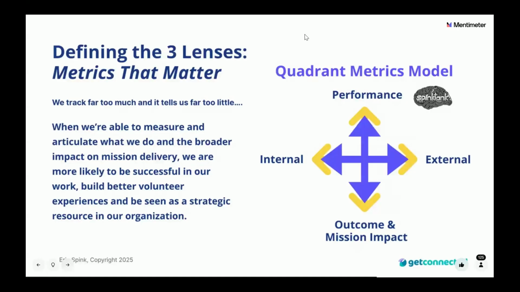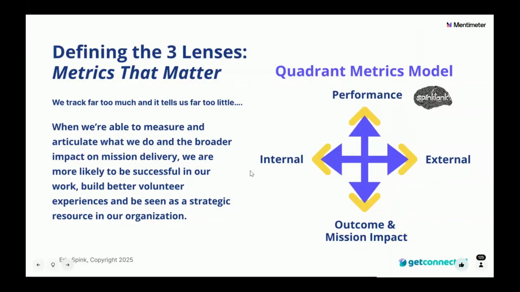So the third lens that I think is so important to build that strategic mindset is around metrics, and for me, specifically metrics that matter. In all my years of doing this work, I might actually put it on my tombstone, that we track far too much and it tells us far too little. It tells us too little not because we don't have a glut of data and metrics, but because it is not actually metrics.